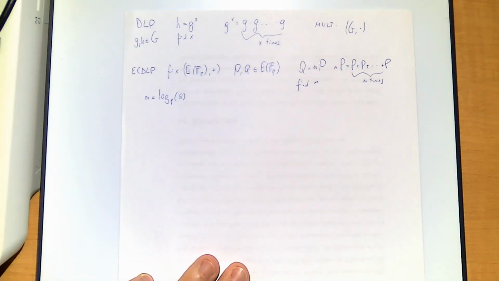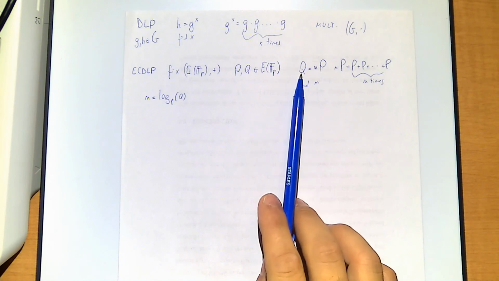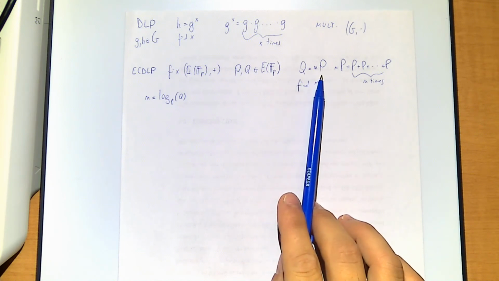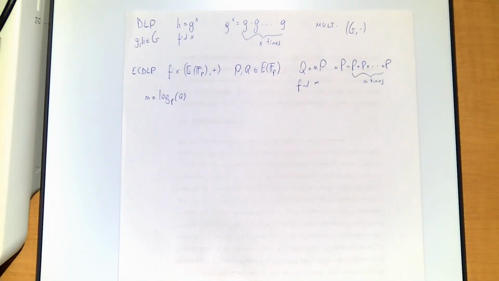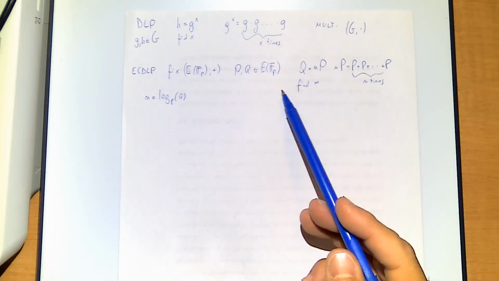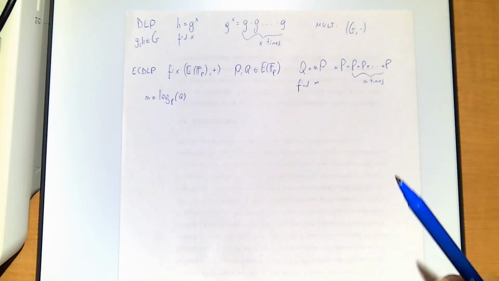Cool. And of course, now this is interesting. Our definition is not super precise in principle. It may be that Q is not a multiple of P, or this value doesn't exist. But of course, if we're using this for cryptography, then this will be generated as an honest instance. So we start from P and generate Q as a multiple, so it's always well defined.